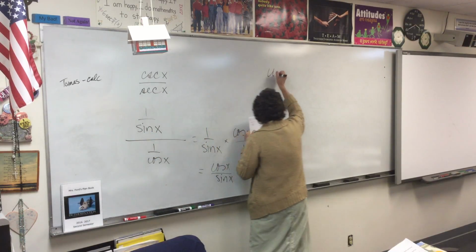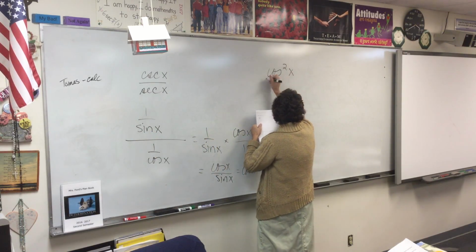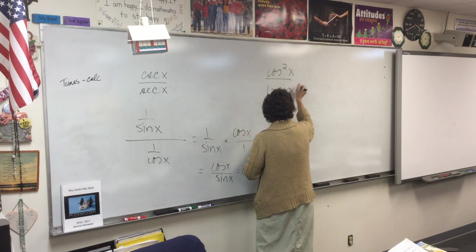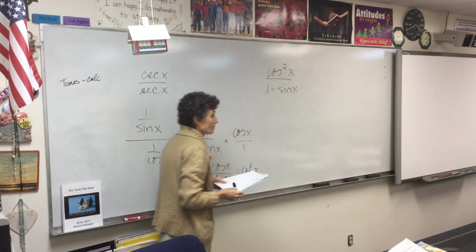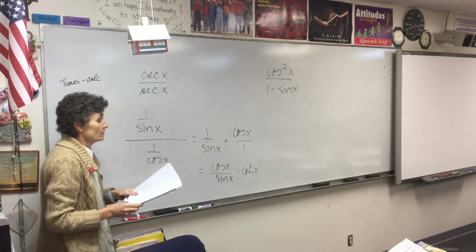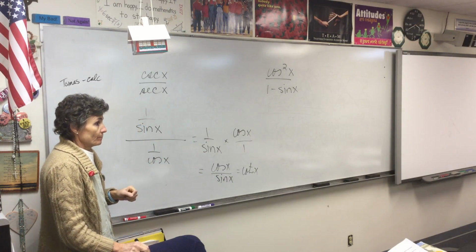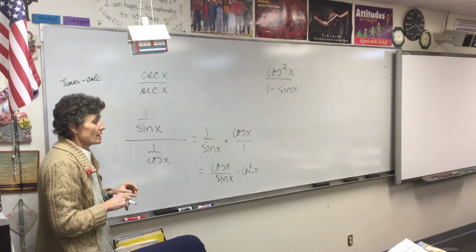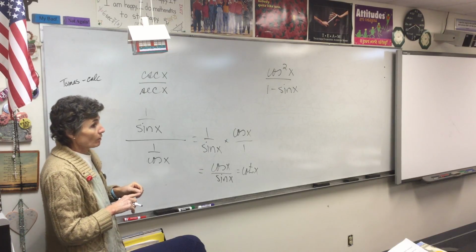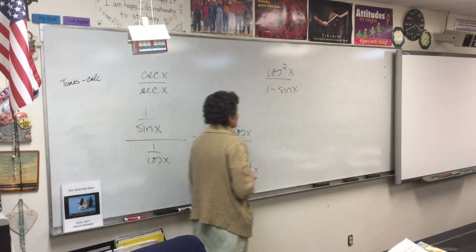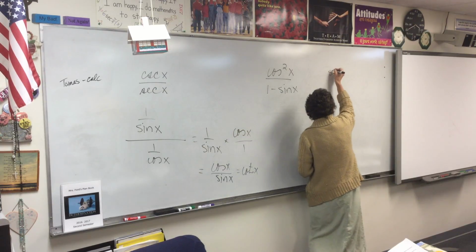All right, and then we have our Pythagorean one. Now, you have written on your green sheet something about cosine squared.